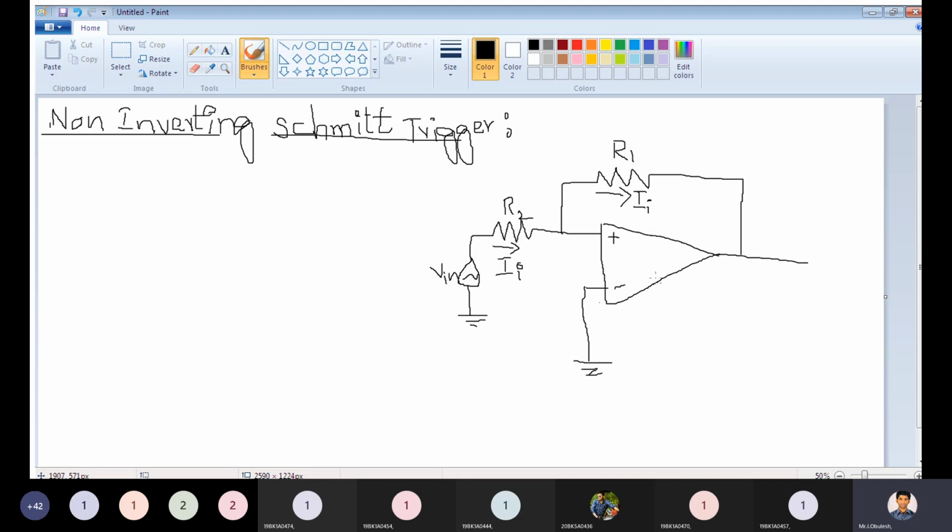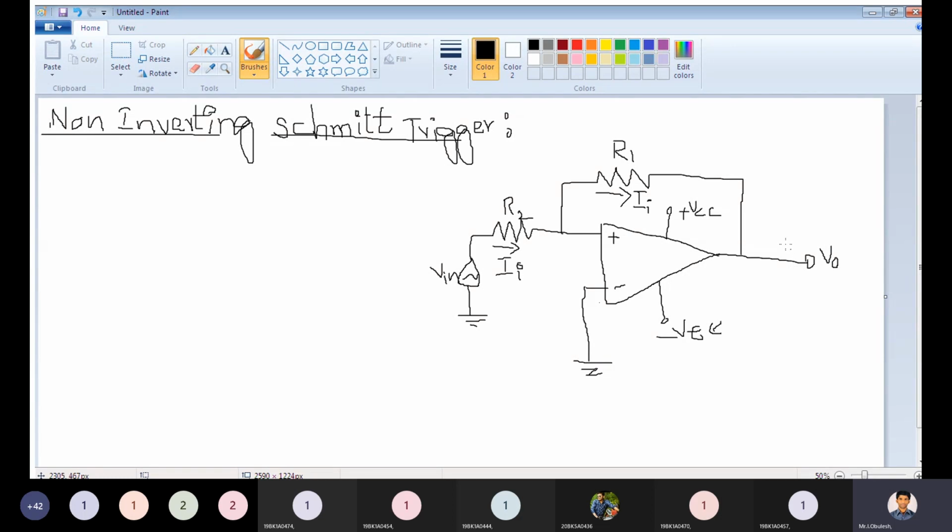Here you need to take minus VEE. This is the positive VCC. Here you will get the output voltage V0.